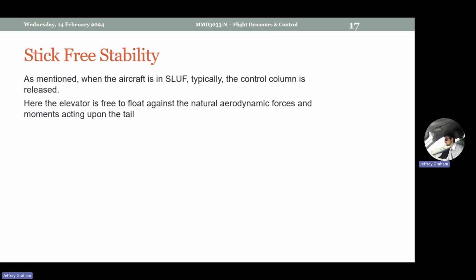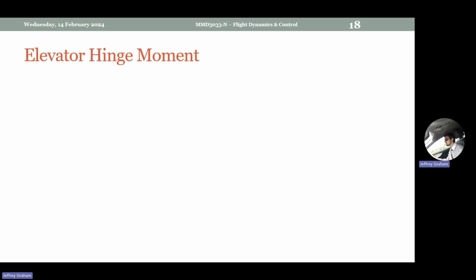Obviously, what it wants to do is produce restoring moments to balance everything out. Only once everything's balanced is the point of trim in this sense. Right, two things affect the stick free. Starting with a little scenario here.